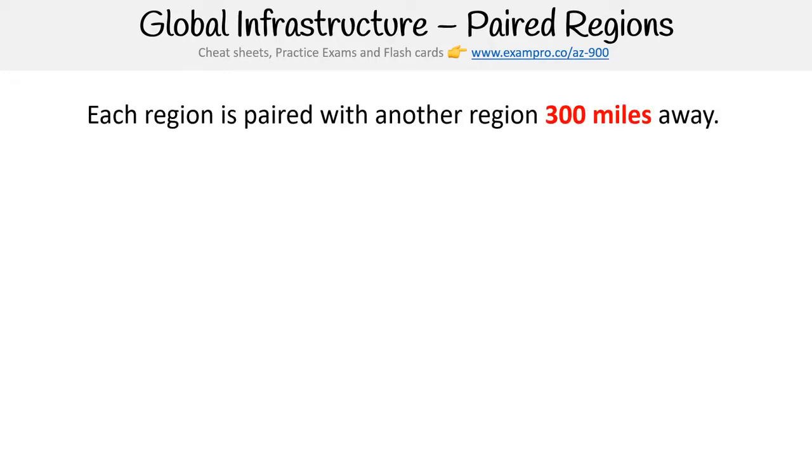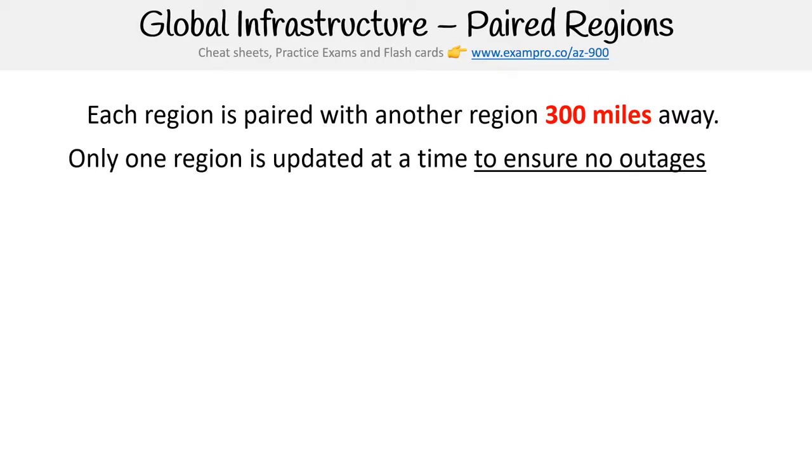So now we're looking at paired regions. Each region is paired with another region 300 miles away. The reason why Azure does this is so that if one region is being updated, then the other one is still available, meaning that if you're planning to make sure that you never have downtime, you can put your resources in that paired region, and then you're going to have higher availability.